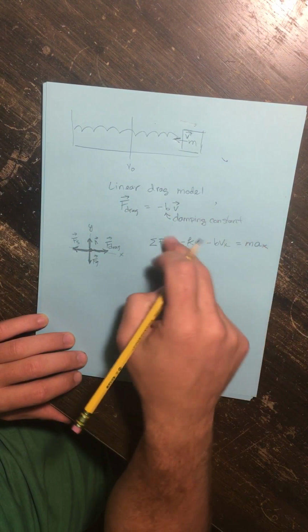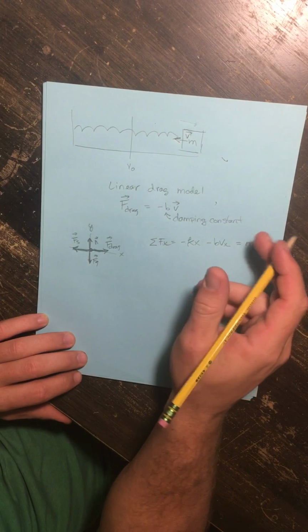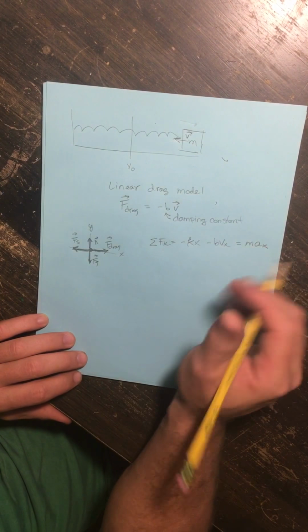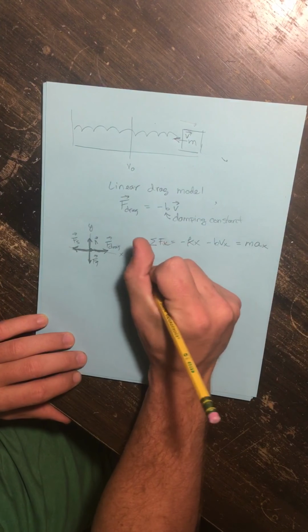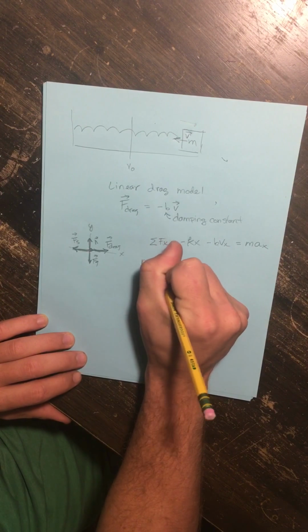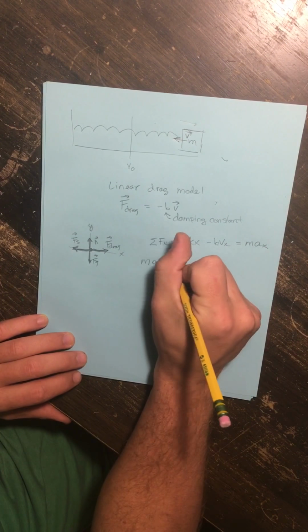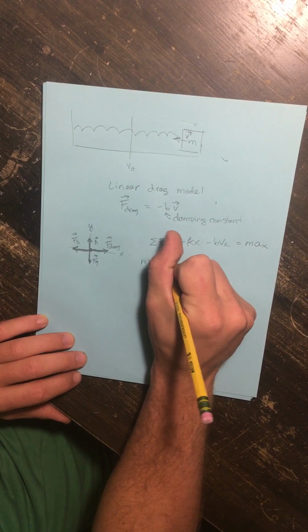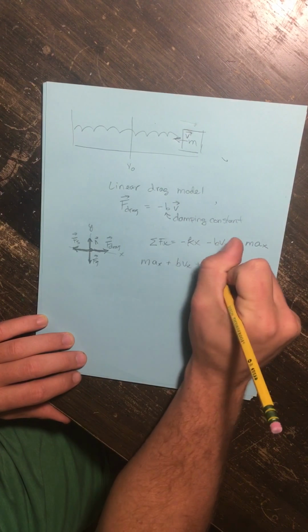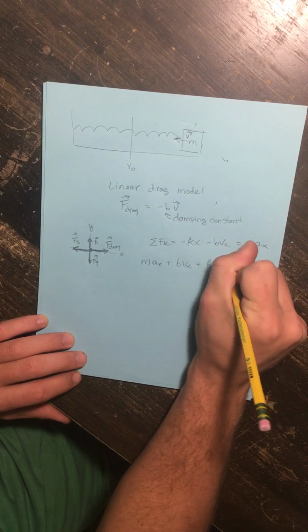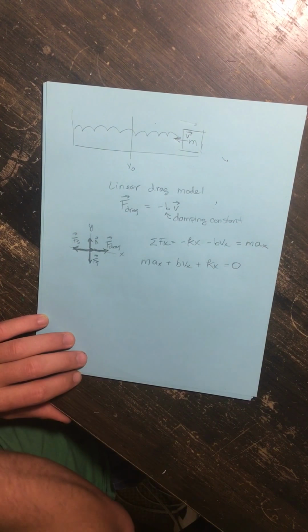Okay, so now we want to rework this into an equation of motion, which means we want to get all the terms on one side. So I'm going to move both the b vx and the k x to the other side. We end up with the mass times the acceleration in the x direction, plus b times the velocity in the x direction, plus k times x, is all equal to 0.